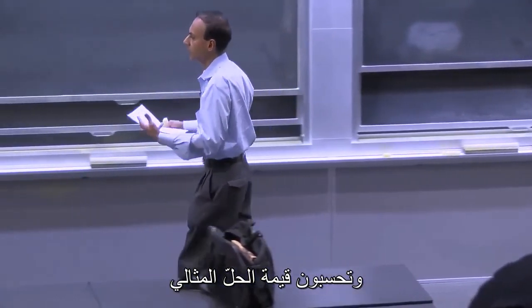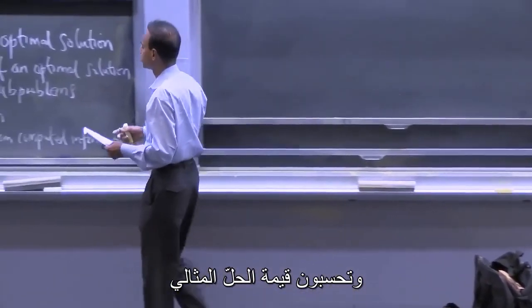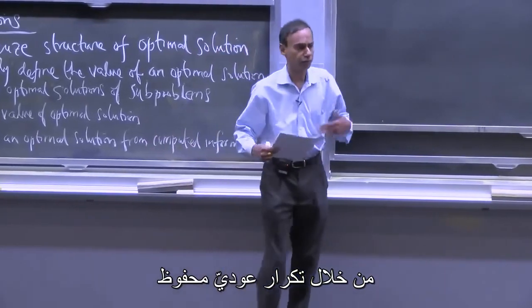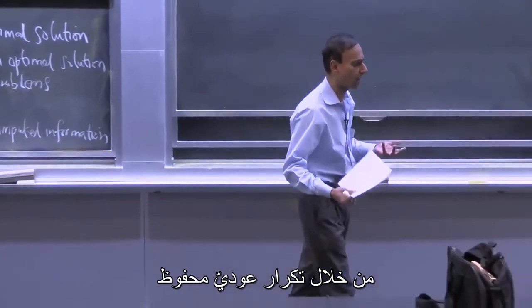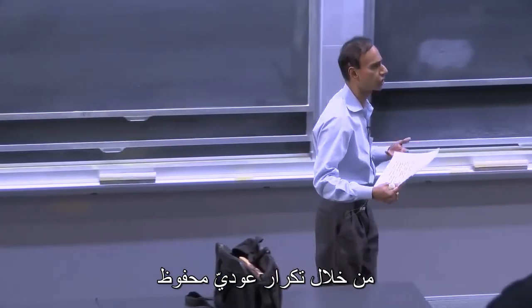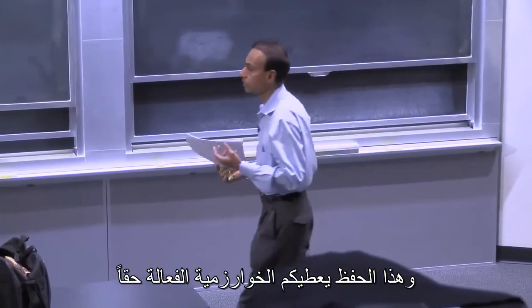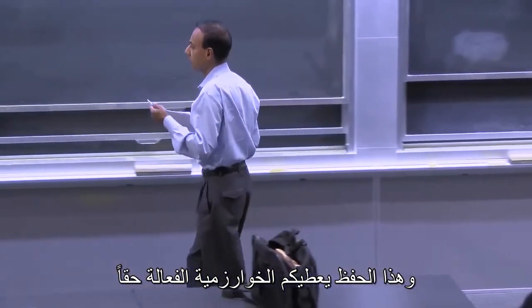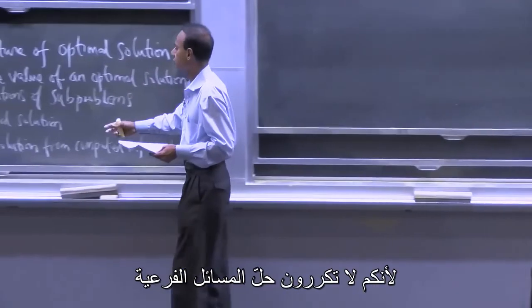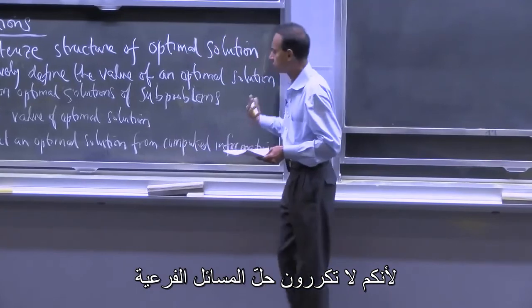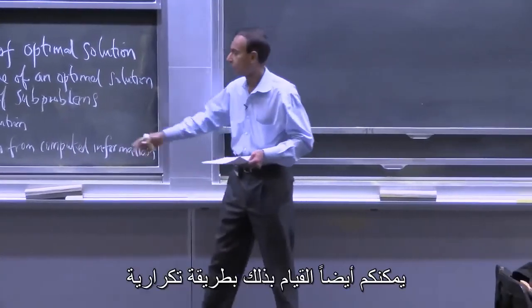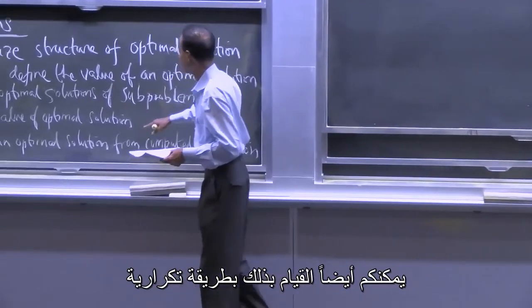And you compute the value of the optimal solution through recursive memoization. And that memoization is really what gives you the efficient algorithm, because you don't repeat the solution of subproblems. You can also do this in an iterative fashion.